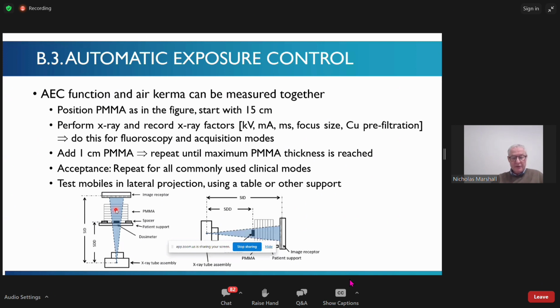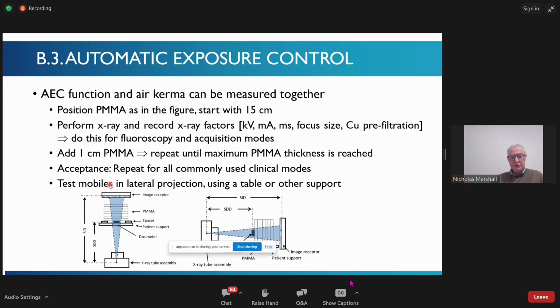Record your factors. The actual factors you can record may vary. Some systems may not show all of this information immediately. You may have to go to the SR report to find it. It can be quite hard to find on some units. Some systems it's clear, but you need to record these factors and then keep adding PMMA until you get to the maximum PMMA thickness, which could be 35 or 40 centimeters, depending on how much PMMA you have.